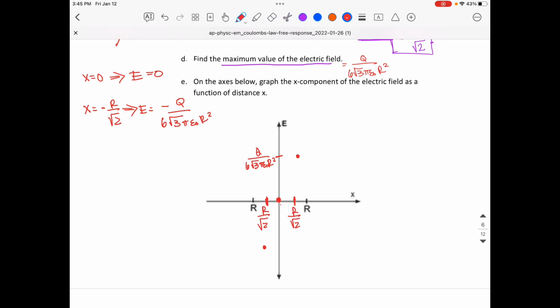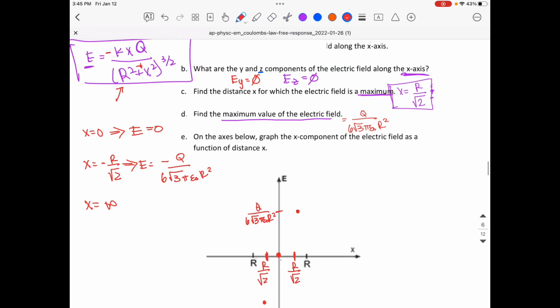And then we always want to think about what happens when x approaches infinity. And as x approaches infinity, this value goes to infinity and this value goes to infinity. You might have to simplify things down to figure out what really happens.